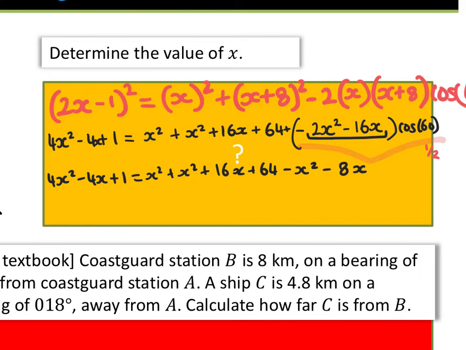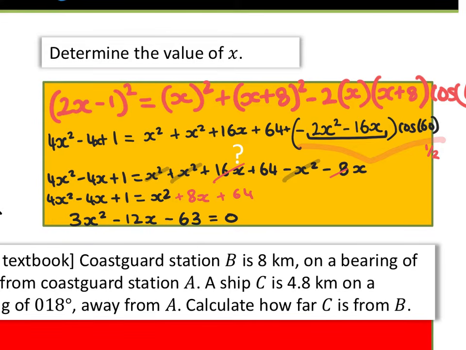And again, I'm going to do this in a few steps. So I'm going to leave the left-hand side as it is. 4x squared minus 4x plus 1 equals x squared plus x squared is 2x squared minus x squared is just x squared. Okay, 16x minus 8x is 8x, and then I have plus 64. I'm going to move everything to the left-hand side. So I'm now going to get 3x squared minus 12x minus 63 equals 0.